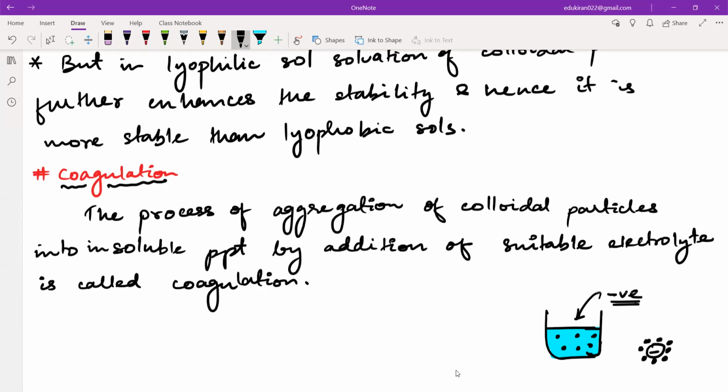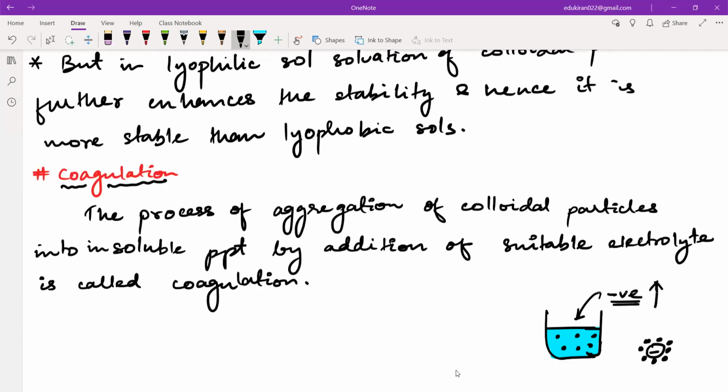It is kind of obvious that if the negative charge is very high, then the chances of getting coagulation are also very high. So the coagulation power of the electrolyte is directly proportional to the valency of the ions.